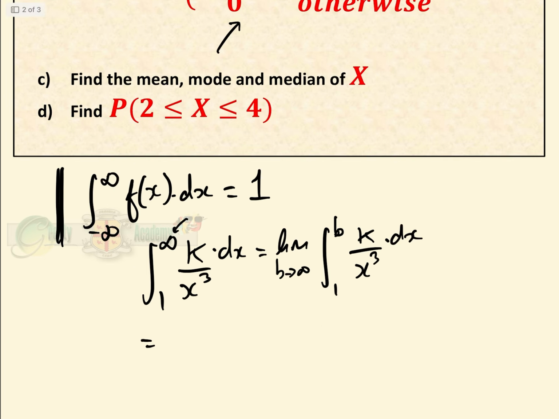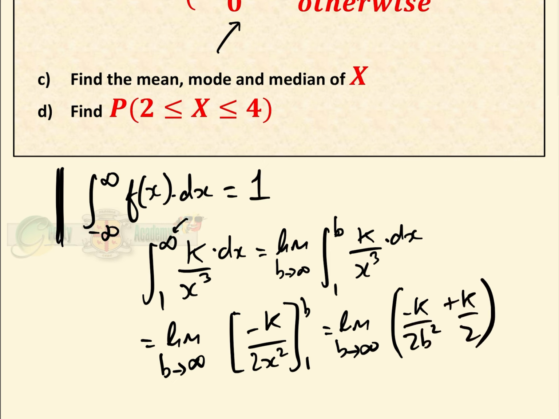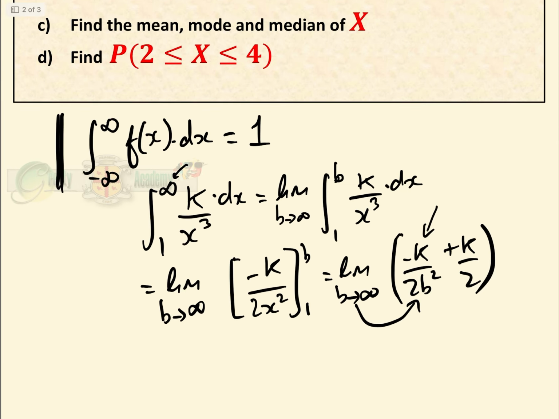That equals the limit as b approaches infinity of minus k over 2x squared between b and 1, which is the limit of minus k over 2b squared add k over 2. As b approaches infinity, the first term approaches 0, and so that equals k over 2.